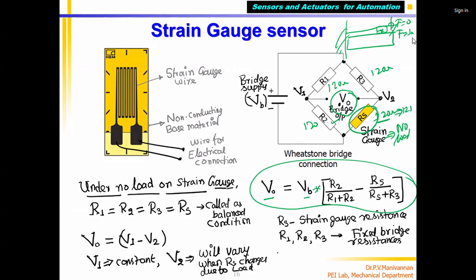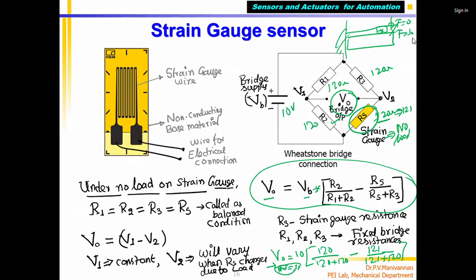For example, 121 ohm. In this formula, what is V0? V0 equal, for example, this is 10 volts. 10 multiplied by 120 divided by 120 plus 120 minus 121 divided by 121 plus 120. When you apply 1 Newton force, F equal to 1 Newton.